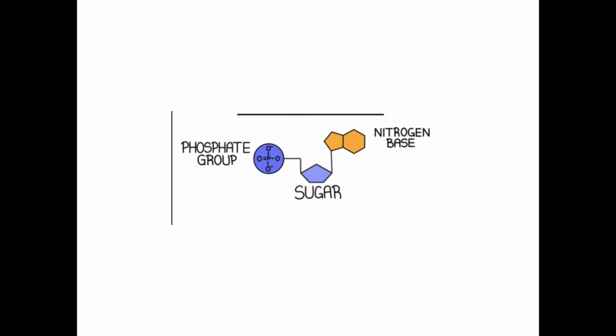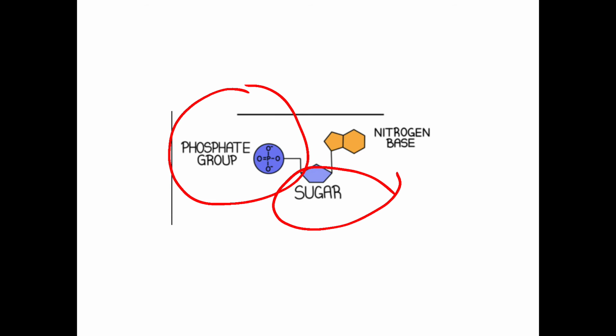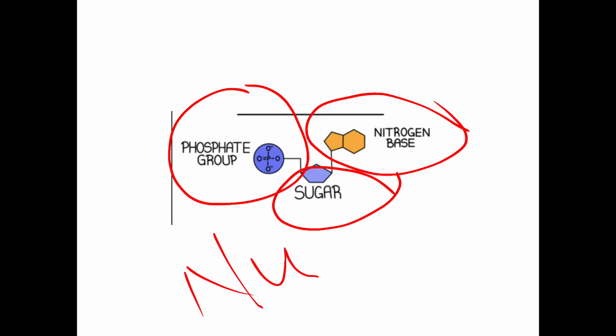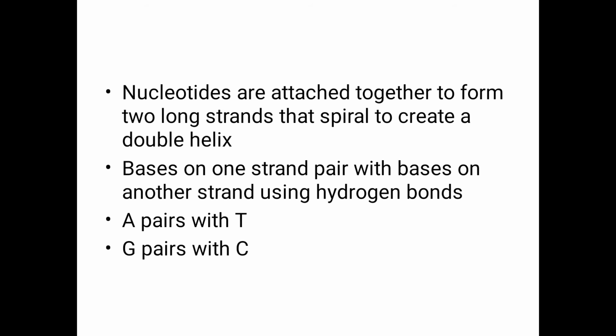Now this is one nucleotide, containing a phosphate group, a sugar and a nitrogenous base. This is one nucleotide molecule. Nucleotides are attached together to form two long strands that spiral to create a double helix.